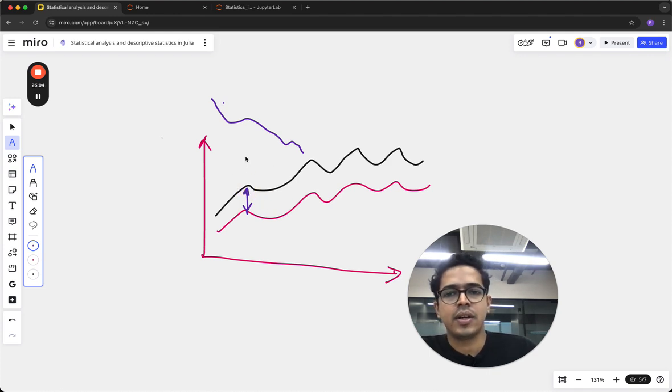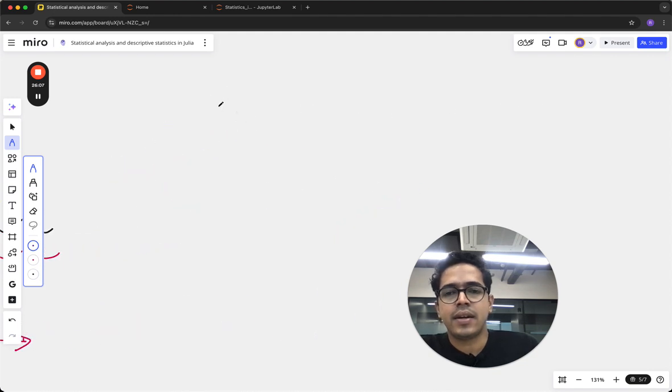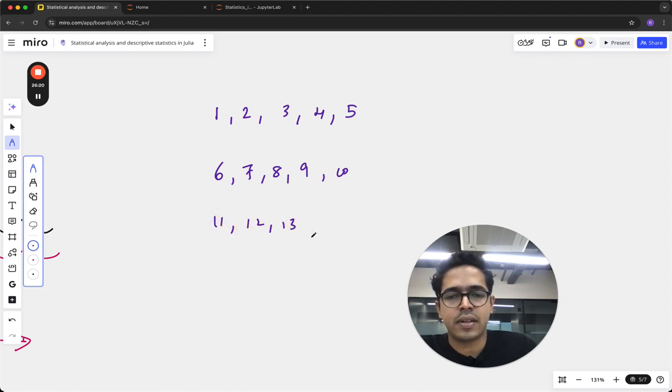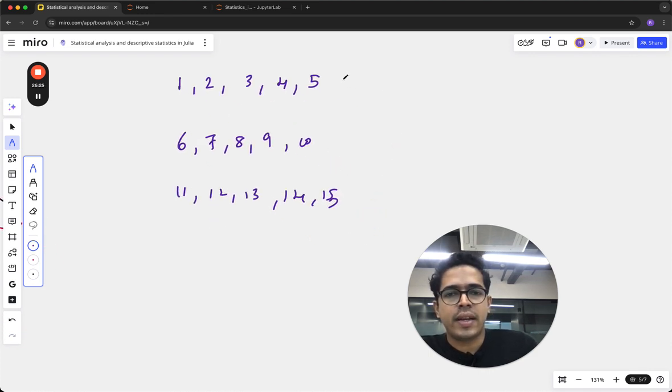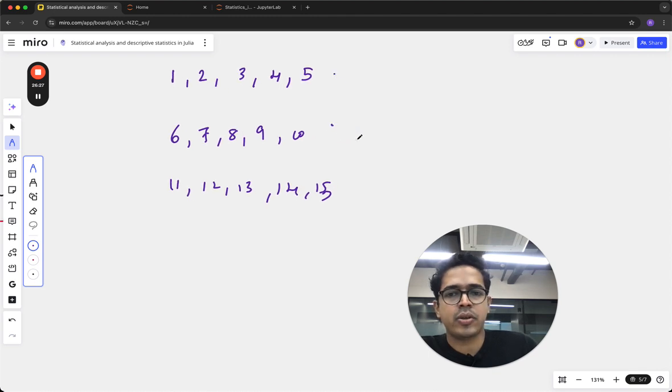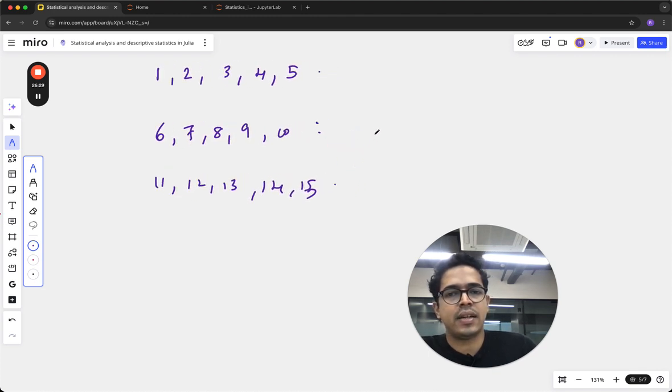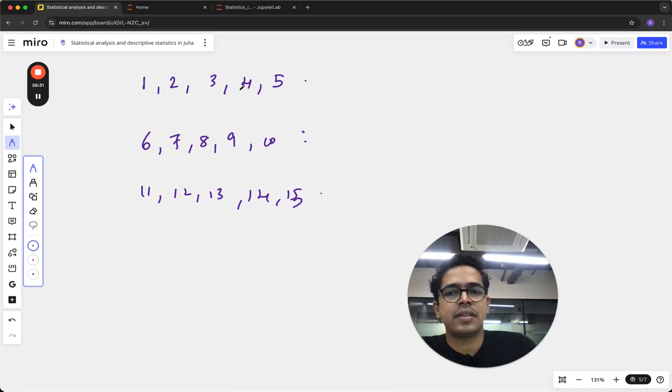These two have negative covariance. So that's the reason why, if you have a set of numbers like 1, 2, 3, 4, 5, and another set like 6, 7, 8, 9, 10, and another set like 11, 12, 13, 14 and 15, there will be positive covariance between each pair, and it will be exactly similar, because whenever one set is increasing by 1, the other sets are also increasing by 1.